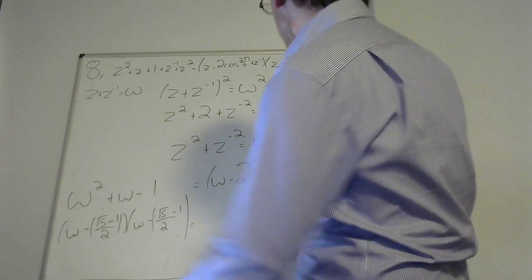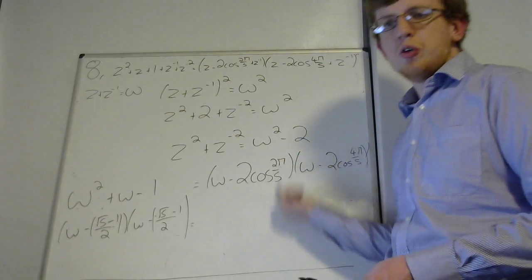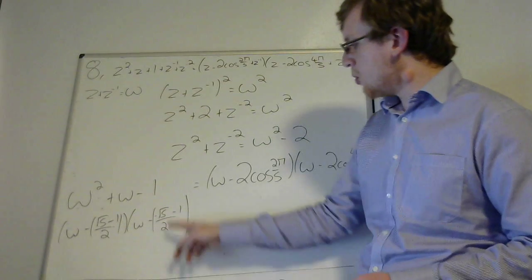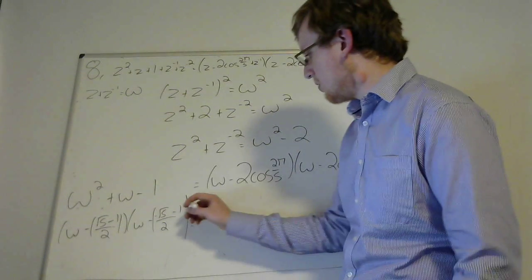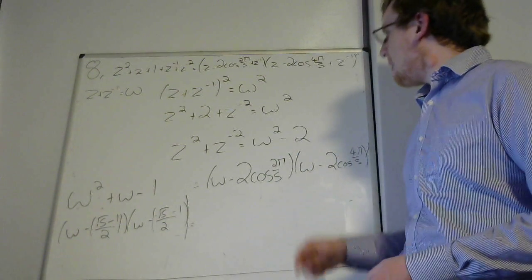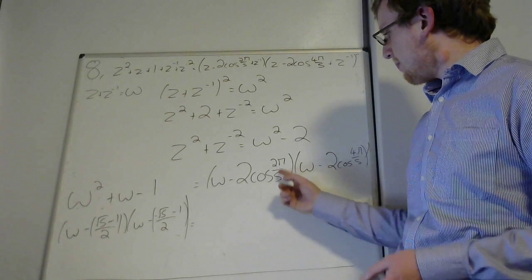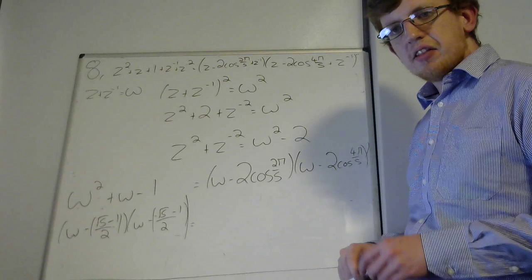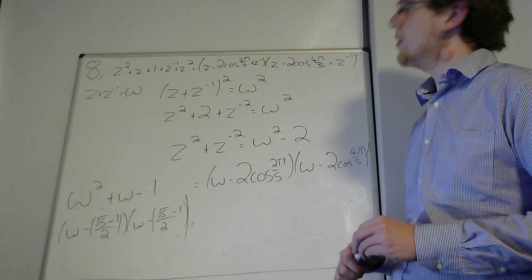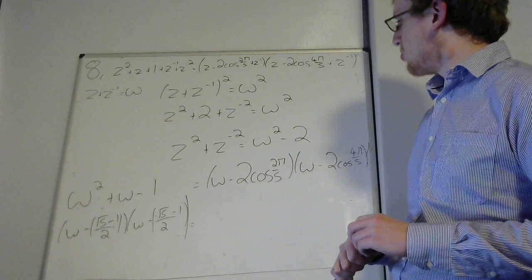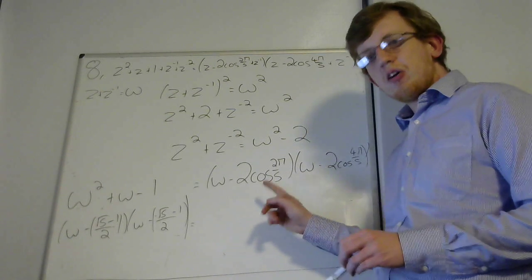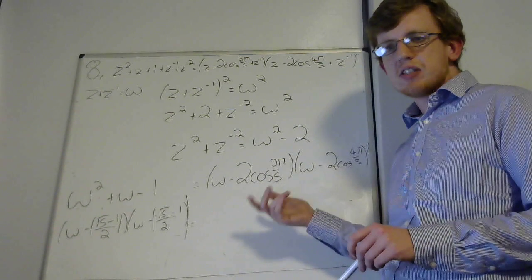So either 2 cos 2 pi on 5 is equal to root 5 minus 1 over 2, or minus root 5 minus 1 over 2. Well, if you know your cos graph, 2 pi on 5 is in the first quadrant. The first quadrant between 0 and pi on 2 of the cos graph is positive.